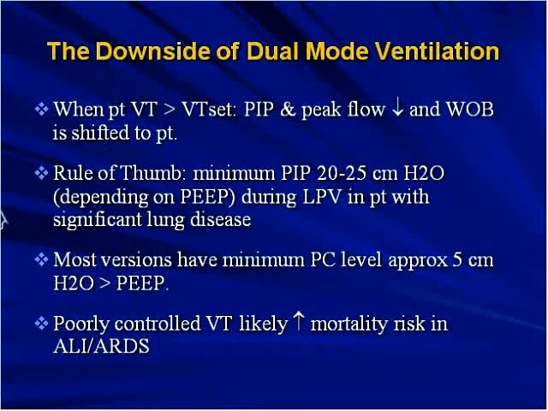Okay. Now, most versions have a minimum pressure control, which is about 5 centimeters of water above your PEEP level. And we've restricted this mode at San Francisco General. Basically, we found a number of patients whose pressure control, whose peak inspiratory pressure on autoflow was 5 centimeters above the PEEP.